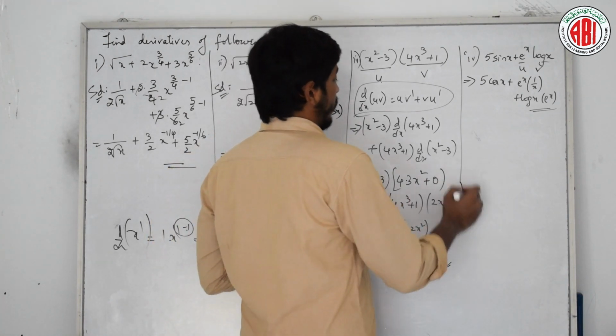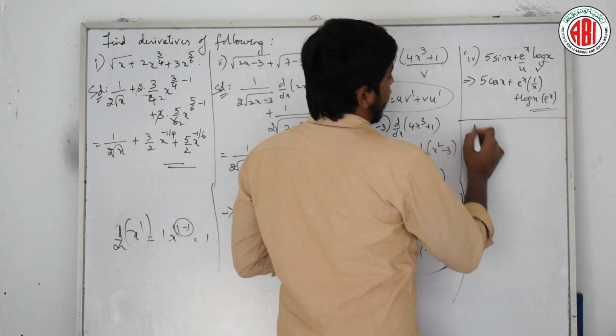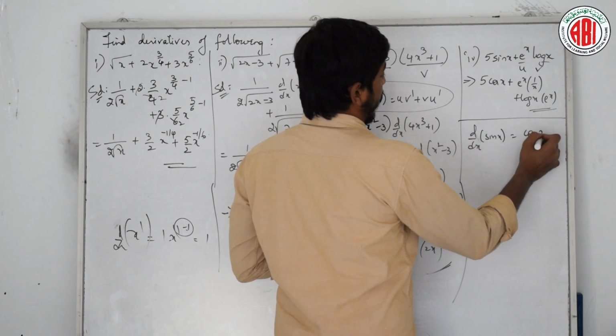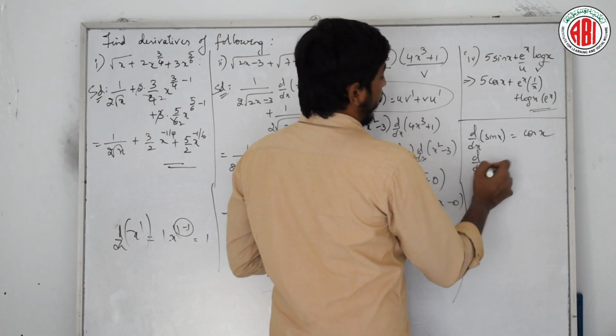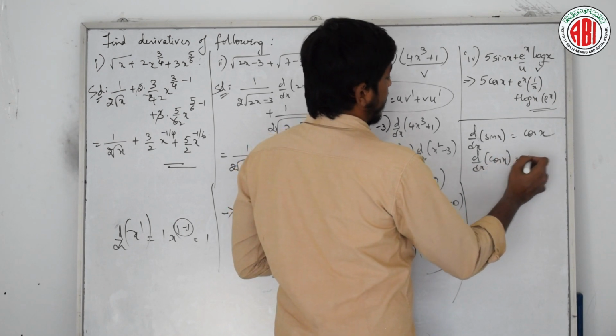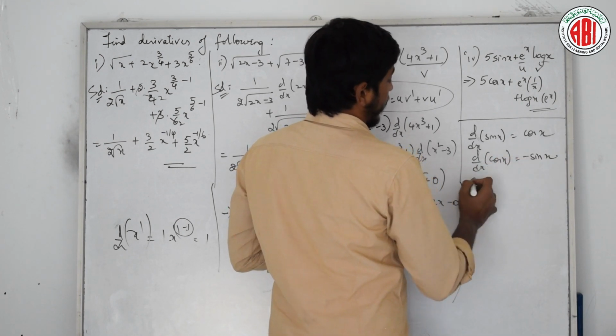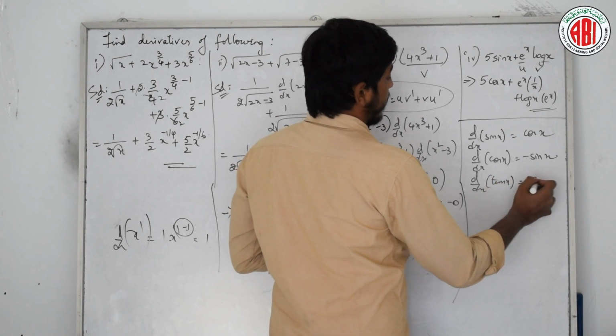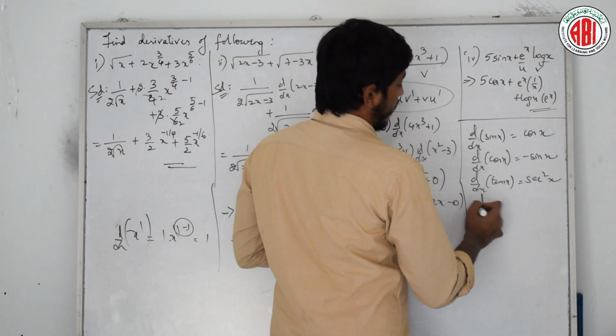Just write, copy down. Differentiation of sin x is cos x. Differentiation of cos x is minus sin x. Differentiation of tan x is secant square x.